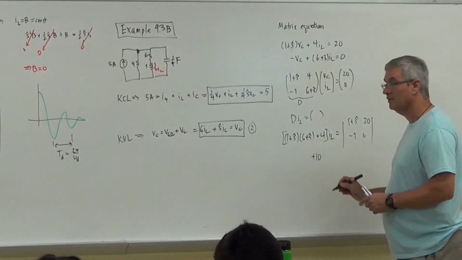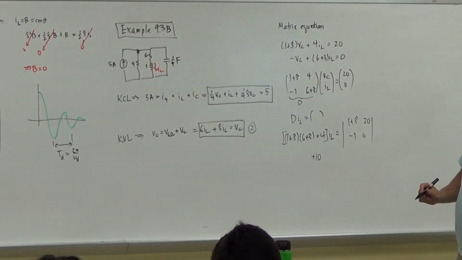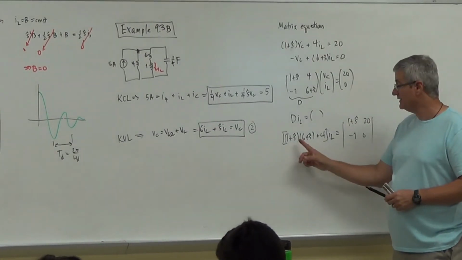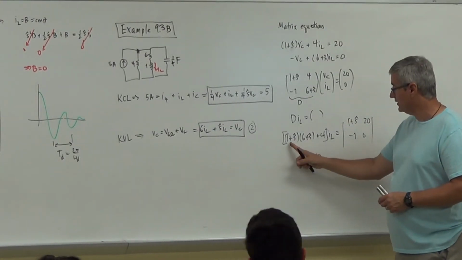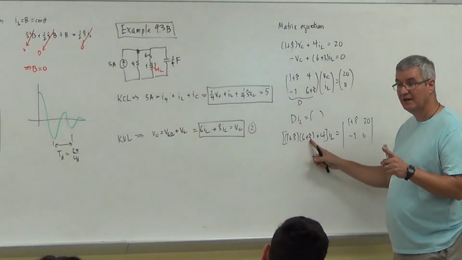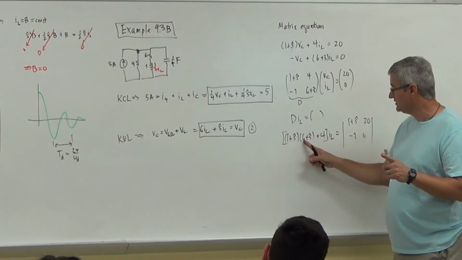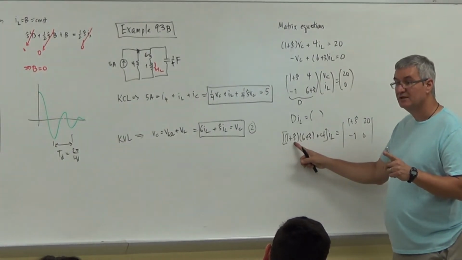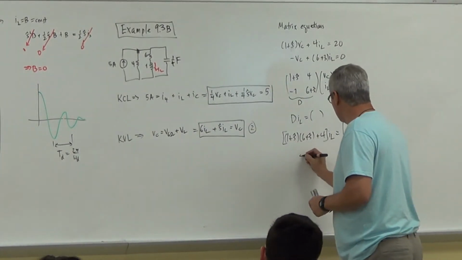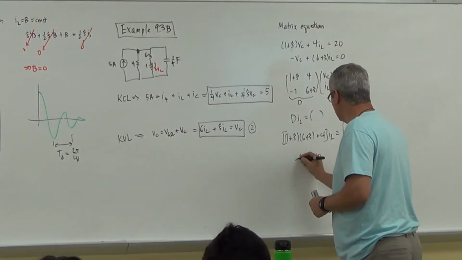Now remember, don't let me get away with simple mistakes here. Now I'm going to go after the S hat term. So the first one gives me 1 times S hat, and then 6 times S hat gives me 6S hat. So 1 plus 6 should give me 7S hat.